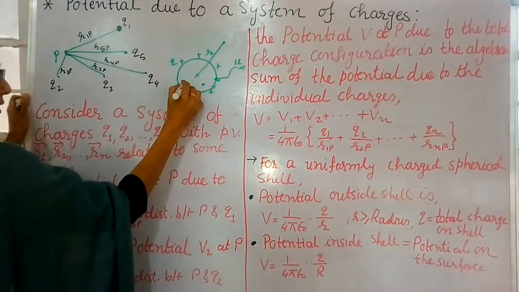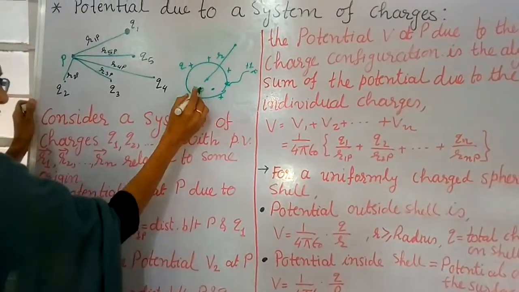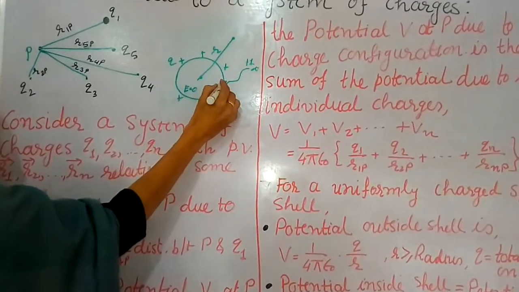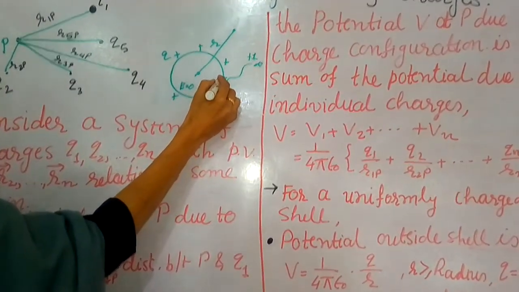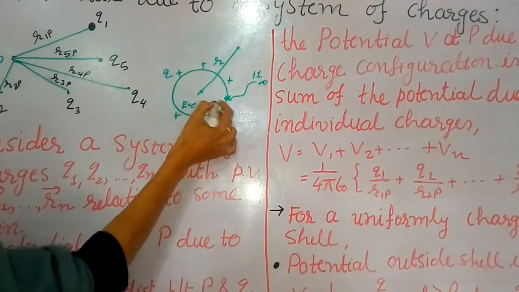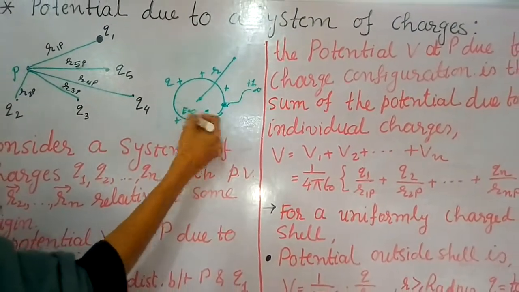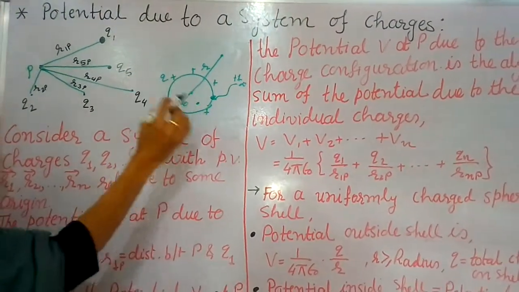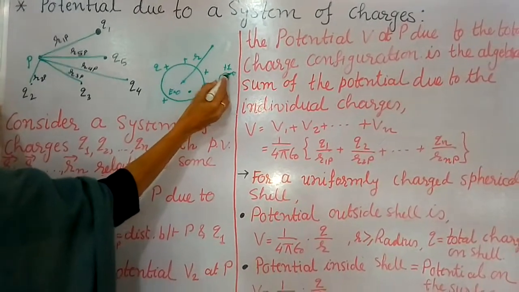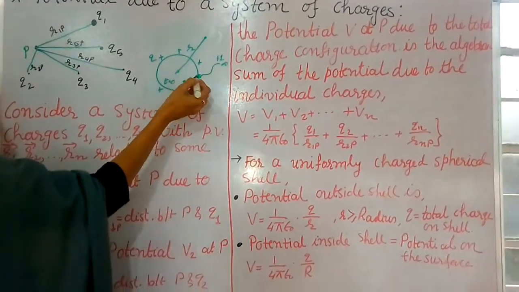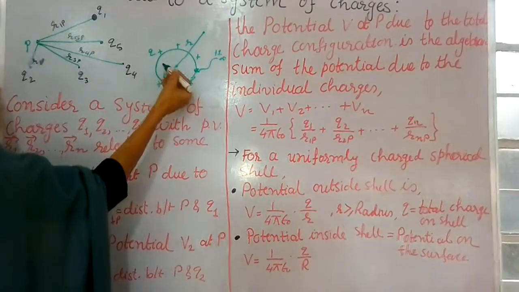Now we know there is no electric field inside. If after bringing the charge to this point I want to bring it further inside, since there is no electric field, I don't have to do any extra work. I need to do work only to bring the positive unit charge from infinity to here, and that work is enough even if I take it inside.